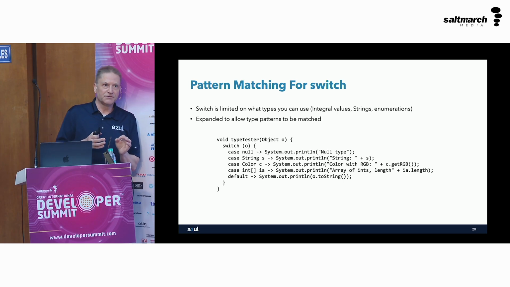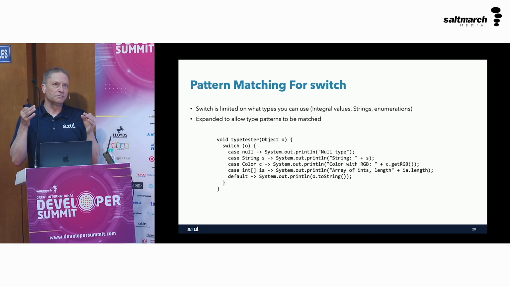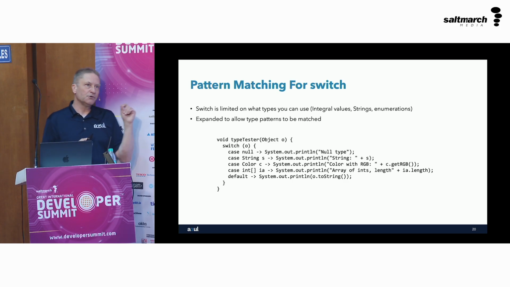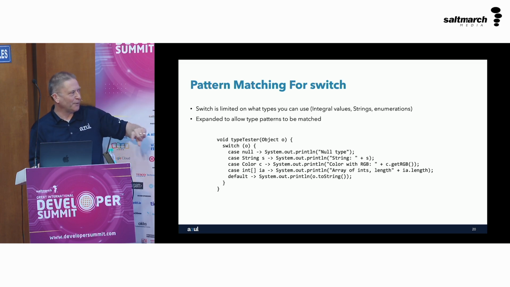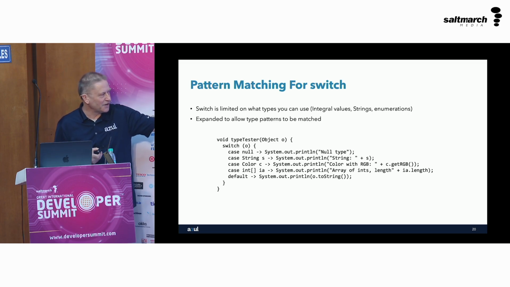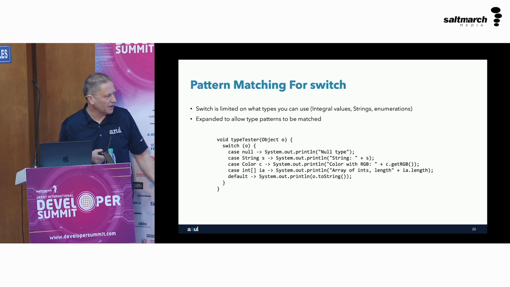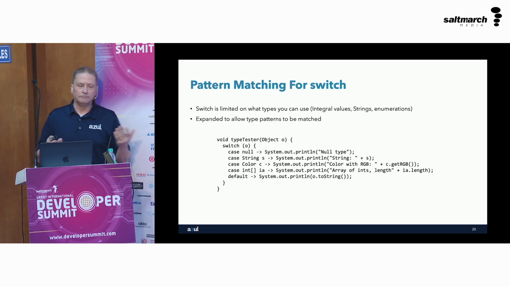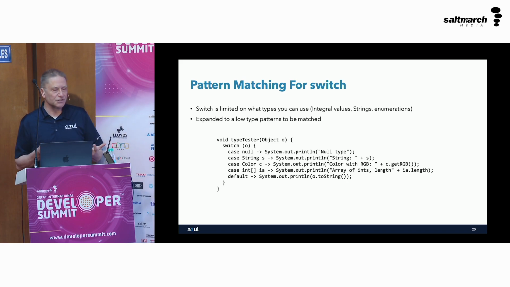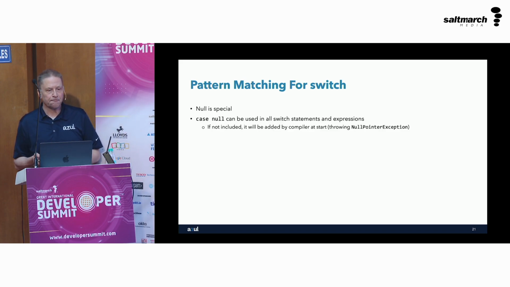Now, primitives are not objects in Java, not true objects. So you can't have a case on a primitive, but you can have a case on an array of primitives. So you can do a case int array IA and print out the length of it. And then you have a default as well. So now we have the ability to actually do things like that.